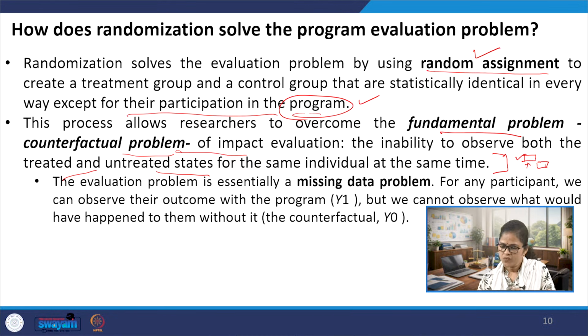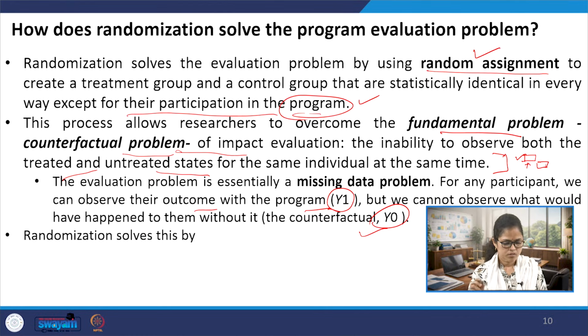Okay, so for any participant we can observe their outcome with the program, but we cannot actually observe what would have happened to them without it. That is your counterfactual. So if the outcome with the program is y1, then the outcome without the program is y0, which is largely missing, and this problem can be corrected through this randomization.